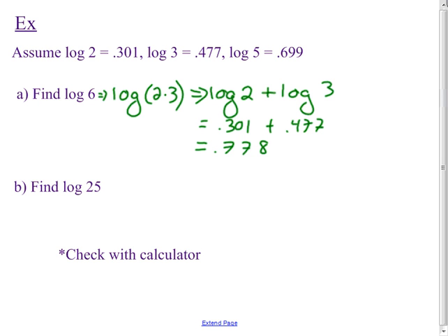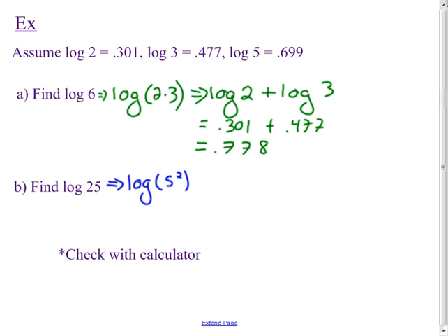Next one, 25. How can I get 25 with 2's, 3's, and 5's? By multiplication, division, and exponents. It could be multiplied. But again, when we start looking at high numbers being multiplied together, it's easier if you can look at an exponent.